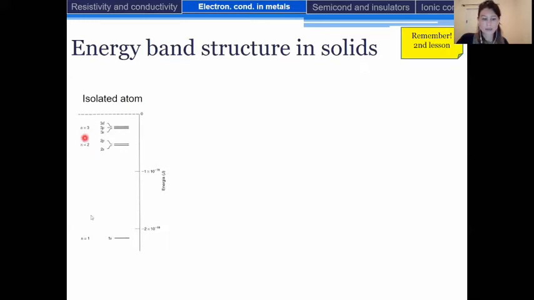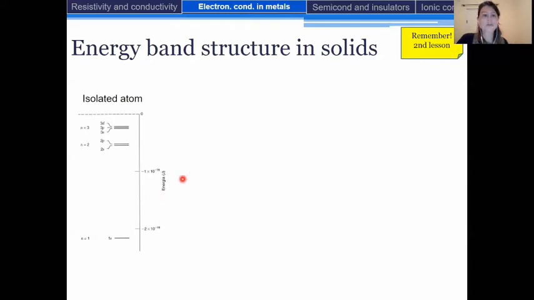And then we introduced the subshells that are designated by the letters s, p, d, f, and the magnetic orbital quantum number. And finally, we said that the electron fills the states having the lowest energy, and 2 electrons of opposite spin will occupy these states. But of course, a material is not composed of isolated atoms.